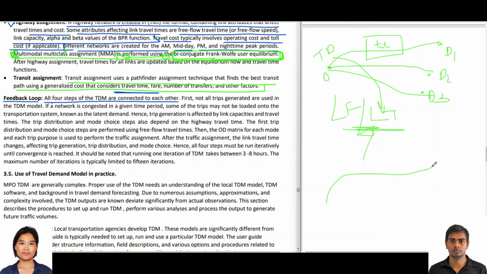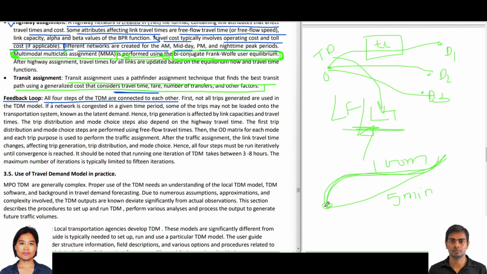So let's say there is one route which has a travel time of 100 minutes, and the car can go through this one, or there is a public transit that can go through this route and it is only, let's say, 5 minutes comparatively.